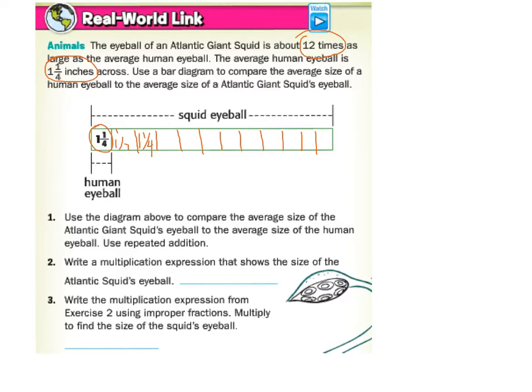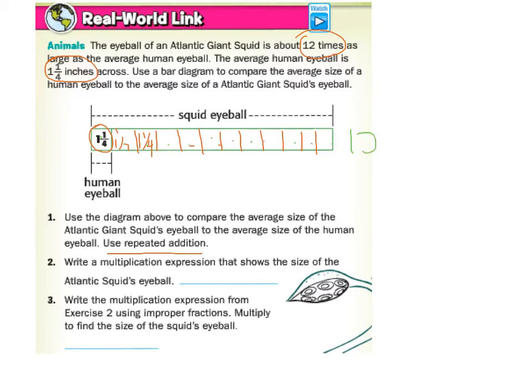So using the diagram up above, if we filled in each box with that 1 1/4, we could use repeated addition to find out the size of the eyeball. If we counted off, we'd have 12 whole things.